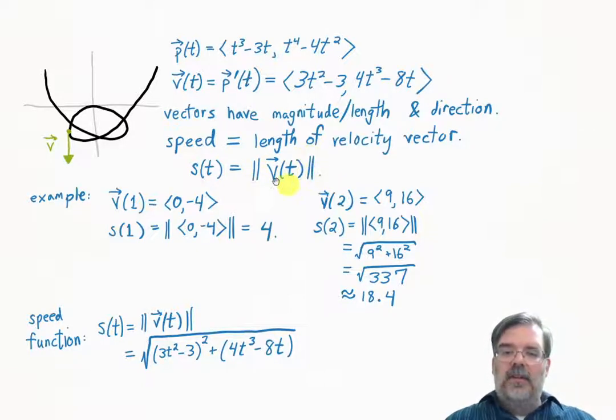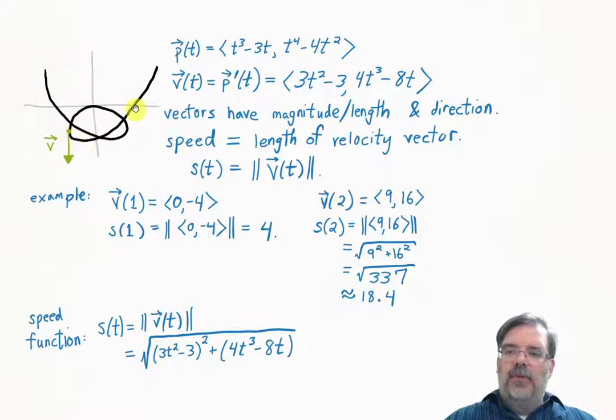And so if we calculate the length of this vector, that'll tell us how fast the point is moving at that instant. So for example, v of 1, that was this velocity vector 0, -4. The length of this vector is its speed at time 1. And the length of this vector is 4. So it's moving 4 units per second, or whatever your time units are.